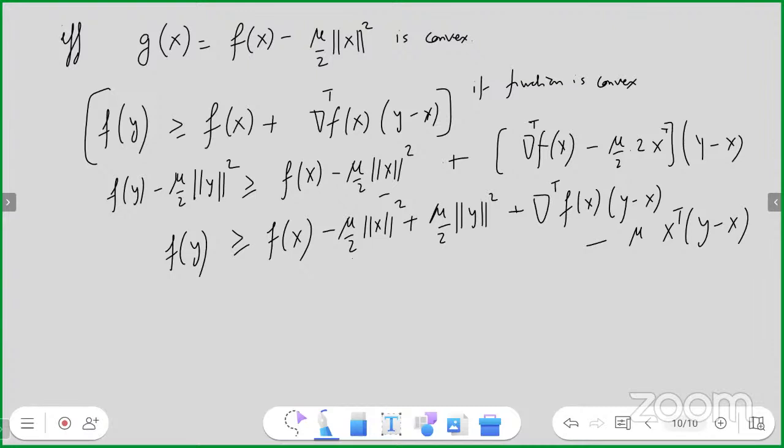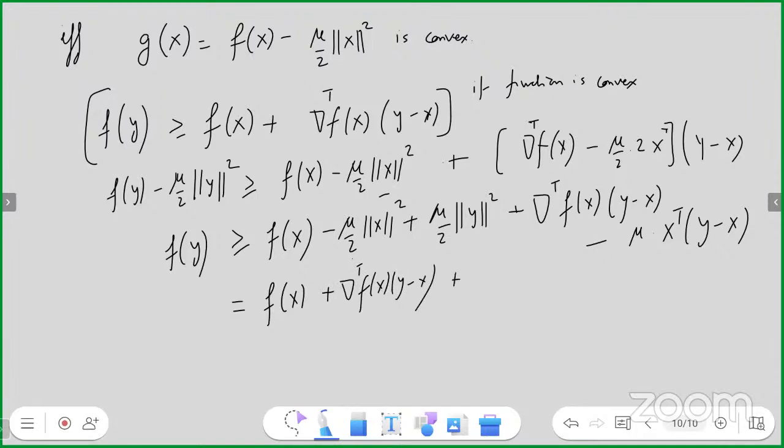This is correct. This is not sufficient. But what do I have here? x transpose x with a positive sign. So this is equal to f of x, take the gradient over here, plus the gradient f of x times y minus x as it is.